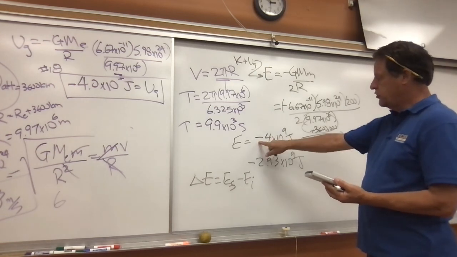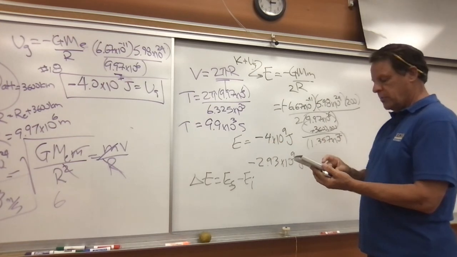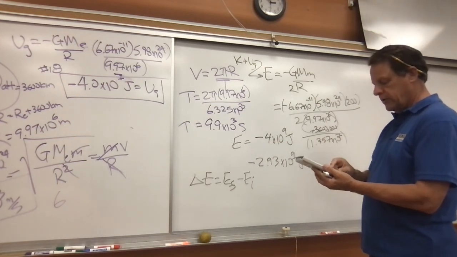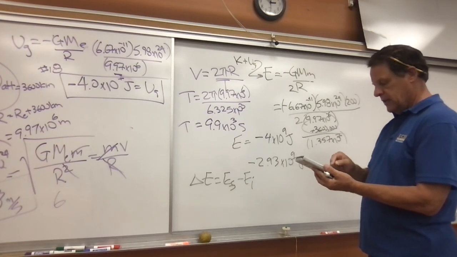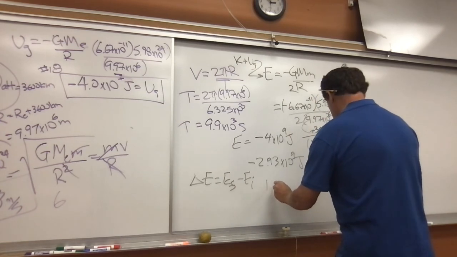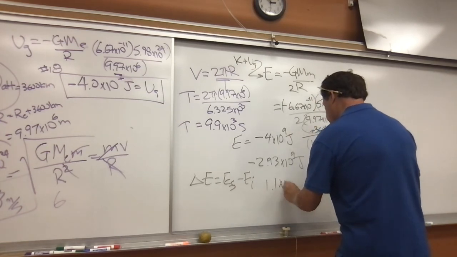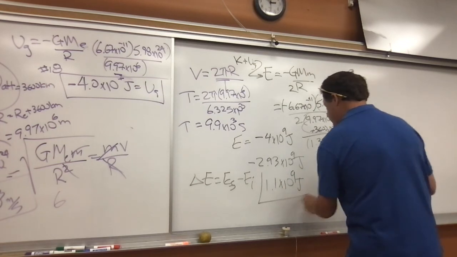And now we're going to subtract a negative, which is going to make it positive. So we're going to say plus 4 times 10 to the 9th, and we're going to get a positive answer of 1.1 times 10 to the 9th joules.